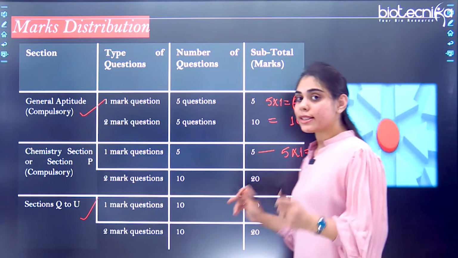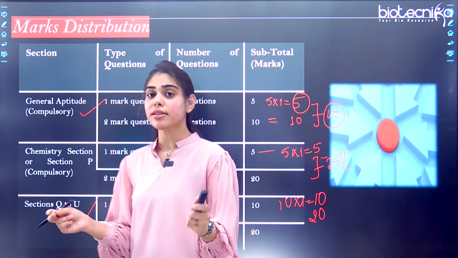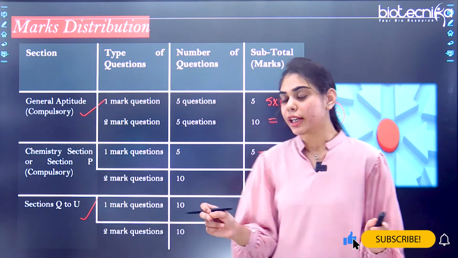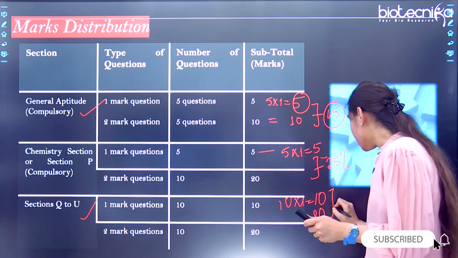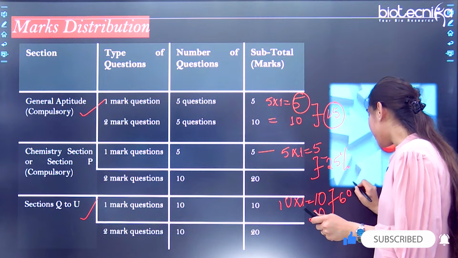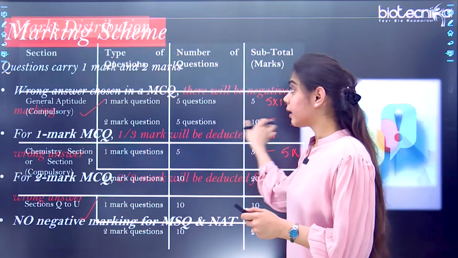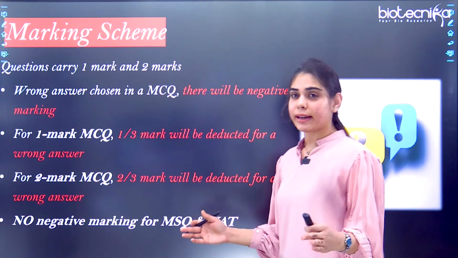So now you can see 2 sections together comprise 60% of your syllabus. So here you can make an idea about how important this is, and accordingly you can start up with your preparation.